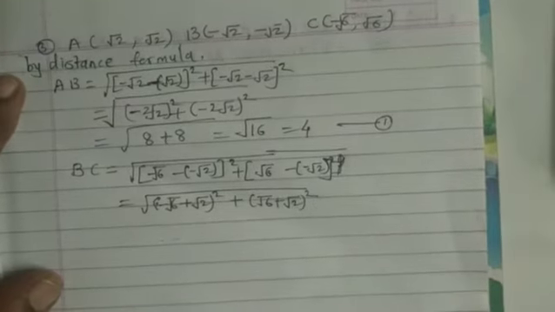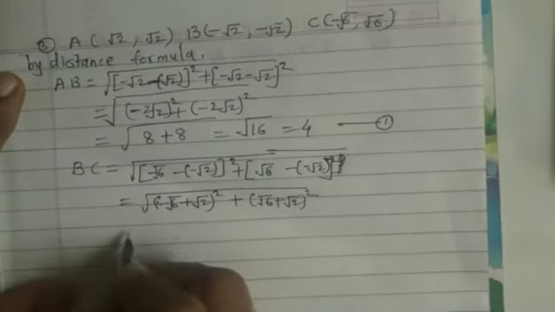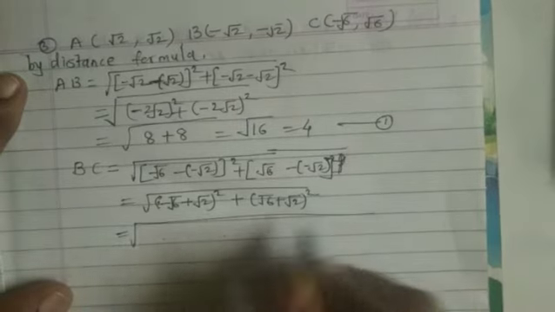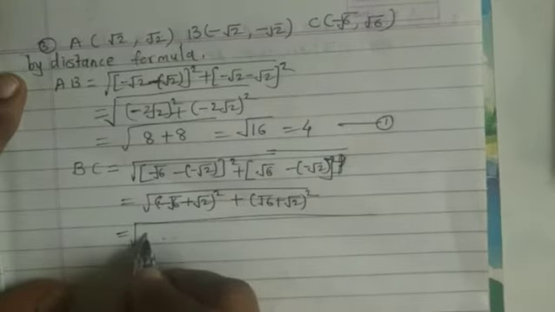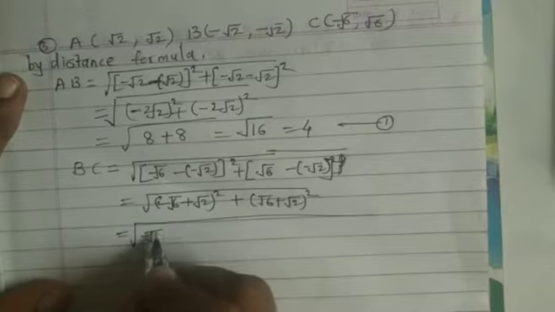Now we simplify it using the formula of a minus b bracket square, that is square of this term, simply minus root 6 bracket square.